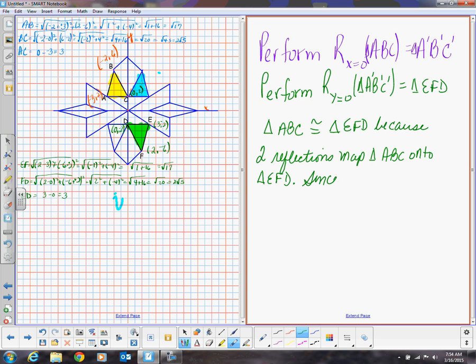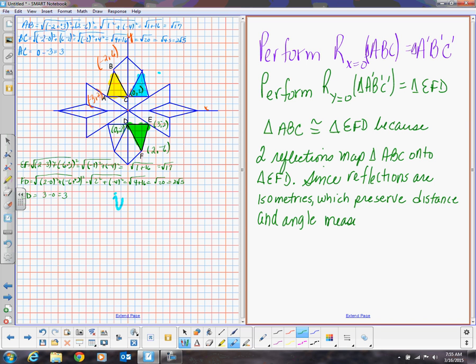Since reflections are isometries, which preserve distance and angle measure, the triangles are congruent.